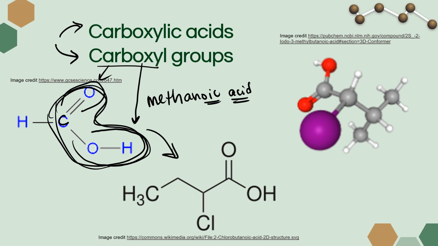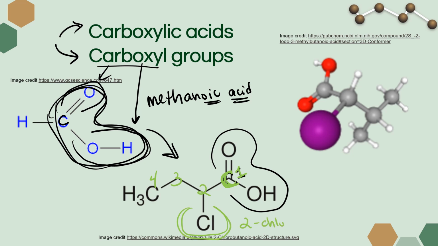Let's name this guy. Carbon number 1 is always going to be the one in the carboxyl group. Always, always, always. You might be going, oh, but chlorine is pretty interesting too. Doesn't matter. Never matters. The carboxyl group always, always, always gets carbon number 1, 2, 3, 4. So I'm going to call this 2-chloro, carbon 1, carbon 2, carbon 3, carbon 4.